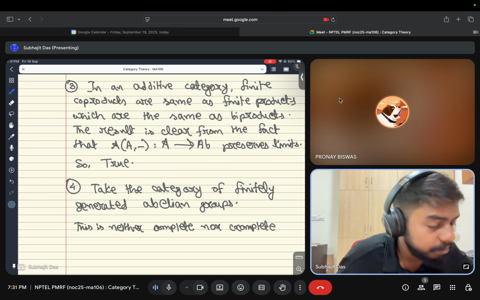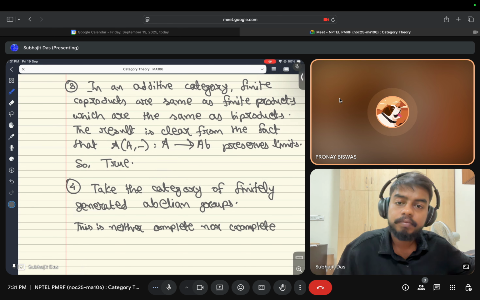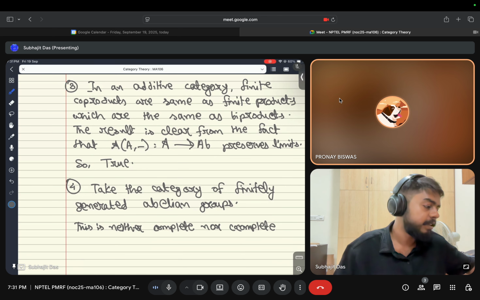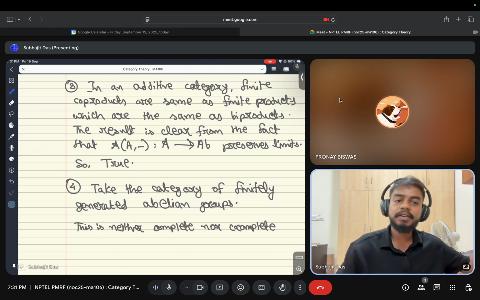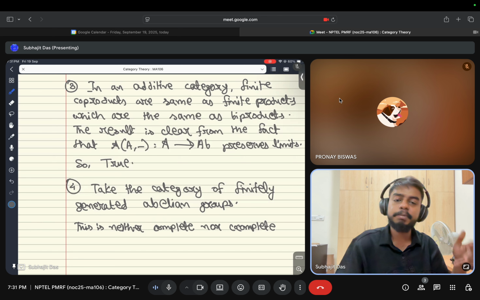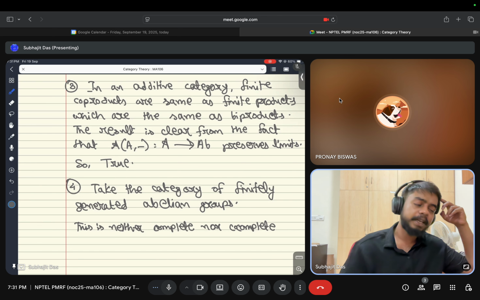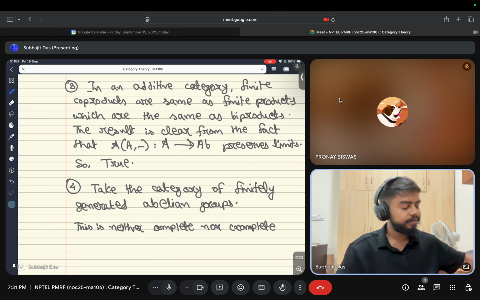Yes, it has limits of any shape and it has co-limits of any shape. Size again has a special meaning in category theory. Right. So this is neither complete nor co-complete.